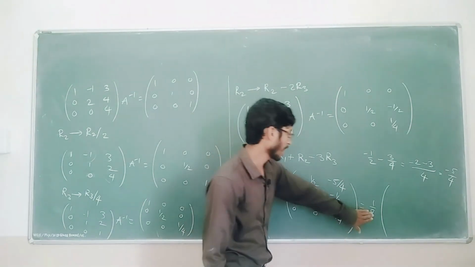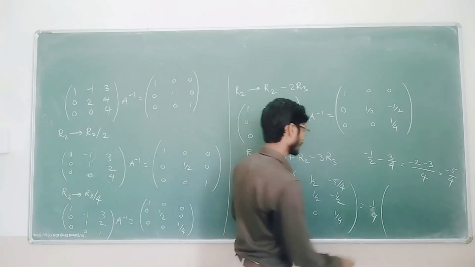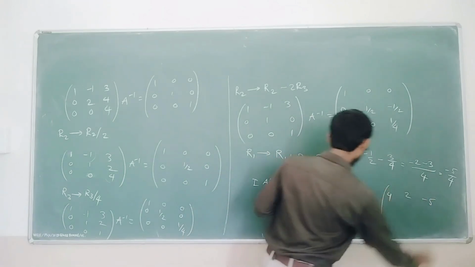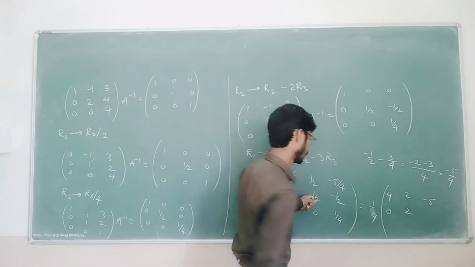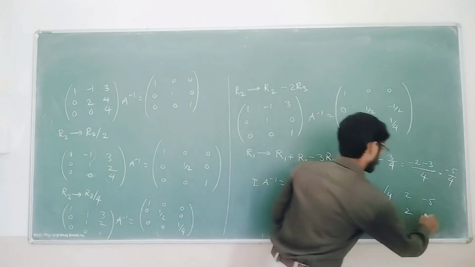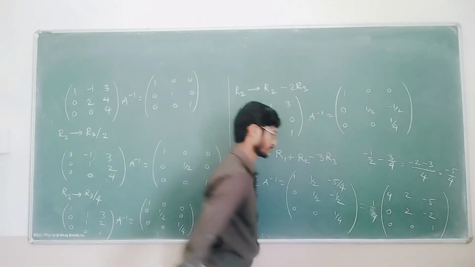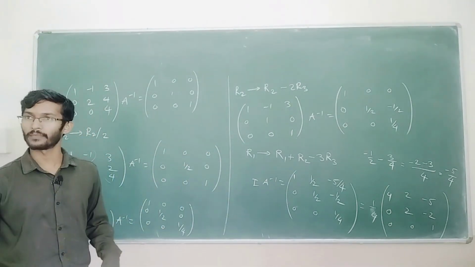I can do this, or I can also take 1 by 4. 4 also is okay. So if I take 4 common, I will write 4 here. Here it will be 2 minus 5, 0, 2 minus 2, 0, 0. 4 is common, but I can also take 8 common.